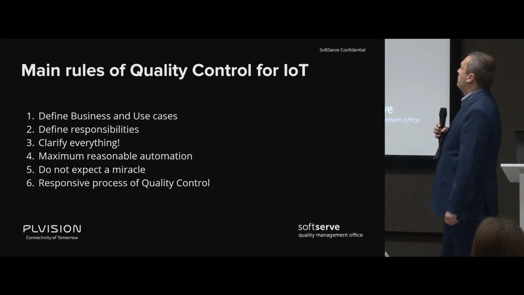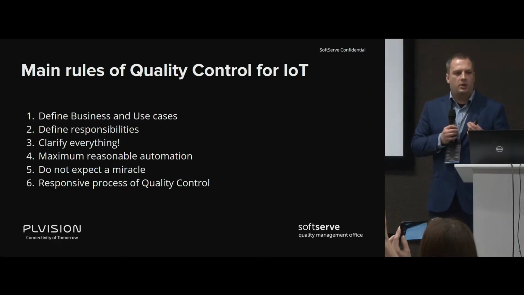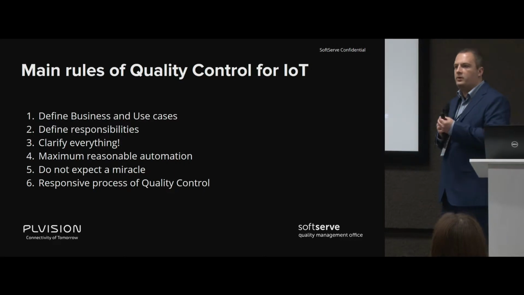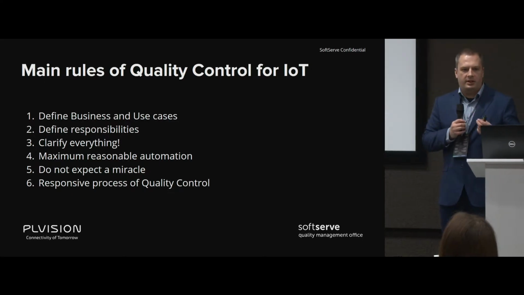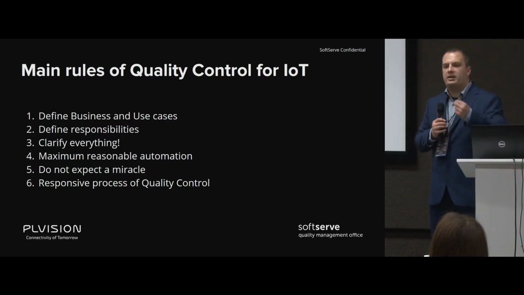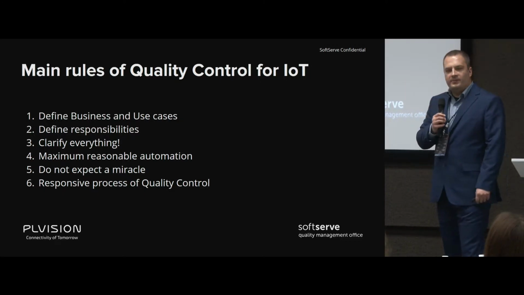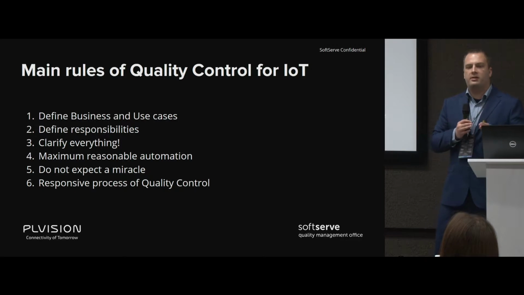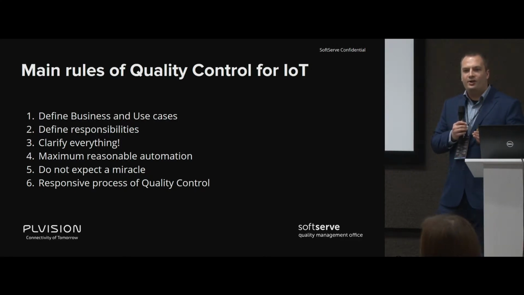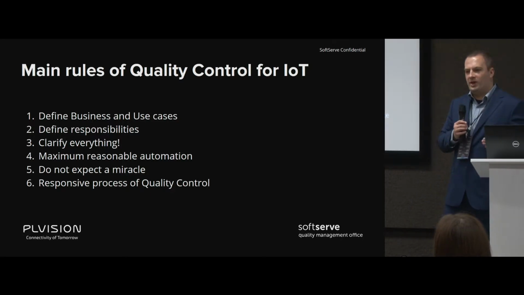The main rule of quality control is that you should define what the customer expects from the project, not from what you deliver, not from deliverables, but exactly what the product or feature does. And this must be defined in detail, so you understand this feature in the same way as the customer does. Responsibilities. God save you if you tell the customer the system will work. Because an IoT system is a complex system that depends on a huge amount of different conditions.